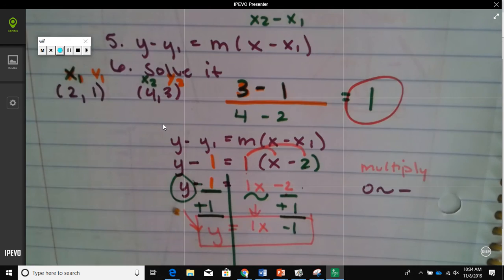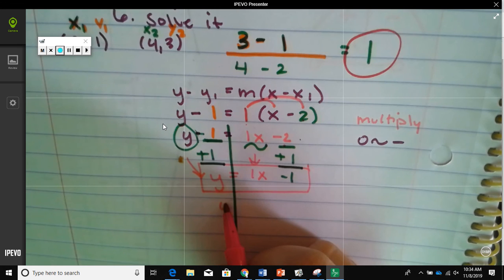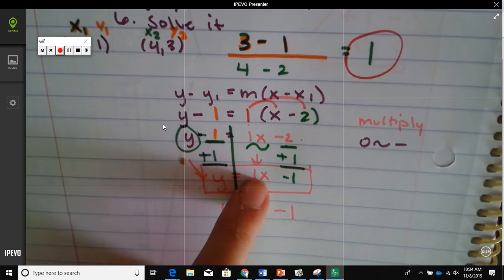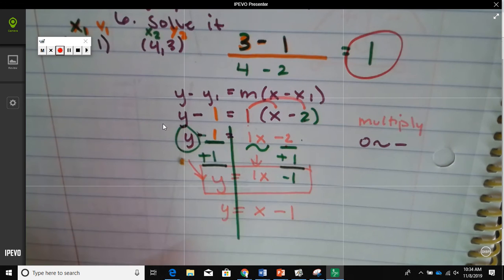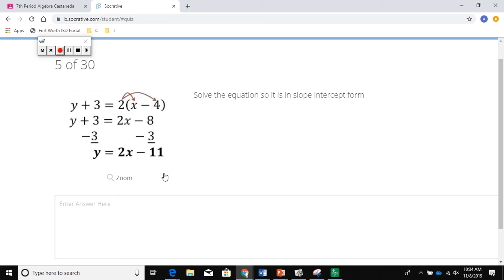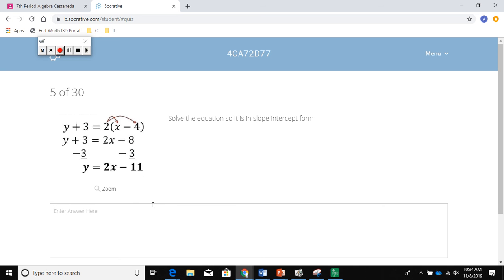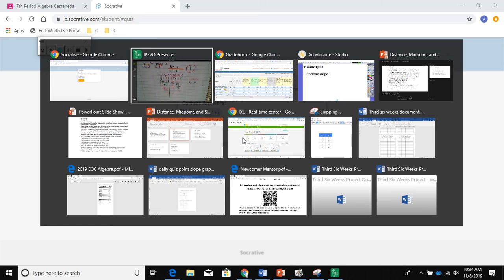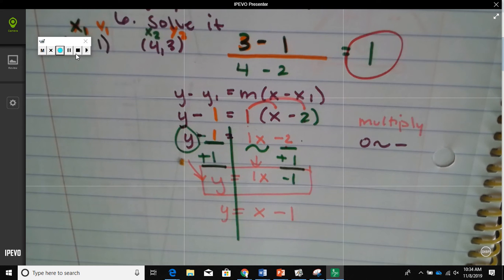If you did it on IXL, it would probably only want y equals x minus 1. Why? Because you don't have to put a 1 in front of the x, because you can only see a 1, so it's not necessary. And I don't know if Socrative, x minus 1. Good job. All right, please get started. This is what you're doing on Socrative.